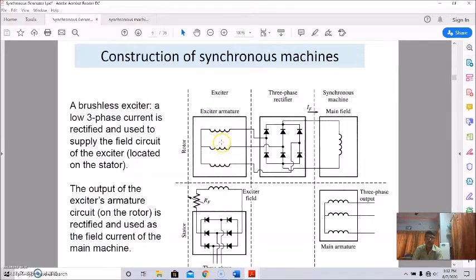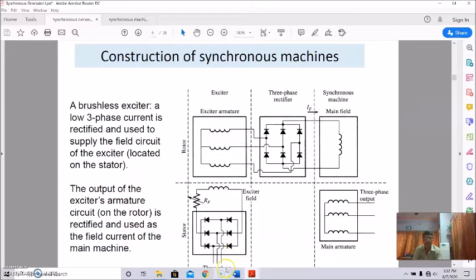So this output is again rectified by a three-phase rectifier, converted to DC and given to the main field of the synchronous machine, and the entire part is on the rotor side. And this is the main armature of the synchronous machine or generator, from which the three-phase output is taken out.